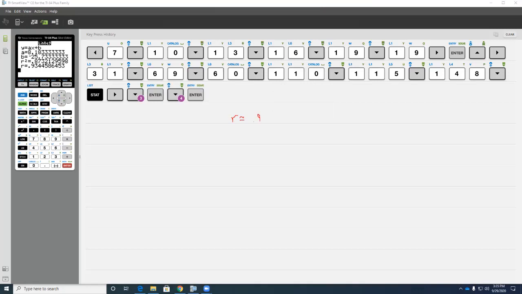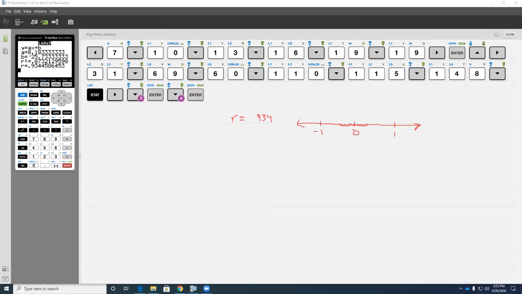And 0.934 is very close to 1, right? We said that R has to be somewhere between -1 and 1. And we said that no correlation is going to be somewhere close to 0, maybe somewhere in here.